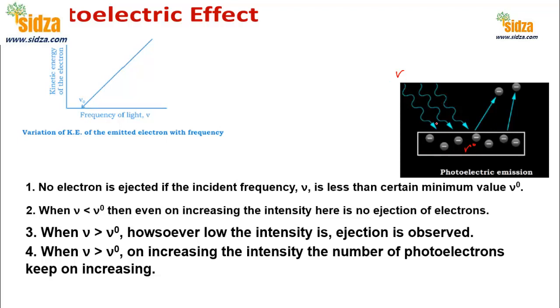Even if you increase the intensity, the electrons cannot be ejected. The frequency of this quantum must be more than or equal to the threshold frequency. The energy of one quantum will be equal to the threshold energy, which is h nu naught, plus the kinetic energy of the electron.